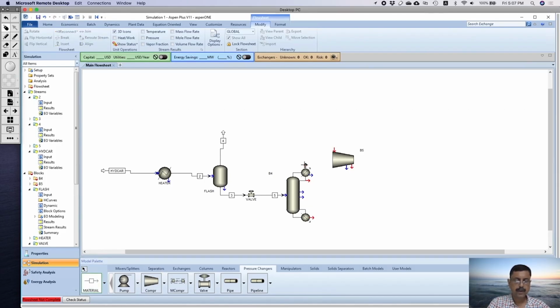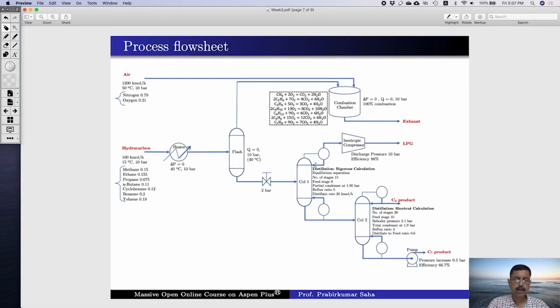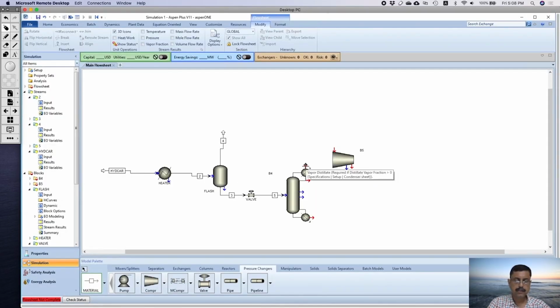This is for vapor distillate and this is for liquid distillate. Now we have vapor distillate over here because vapor will be compressed to form LPG. So we take vapor distillate, connect to this, and this will be our LPG.